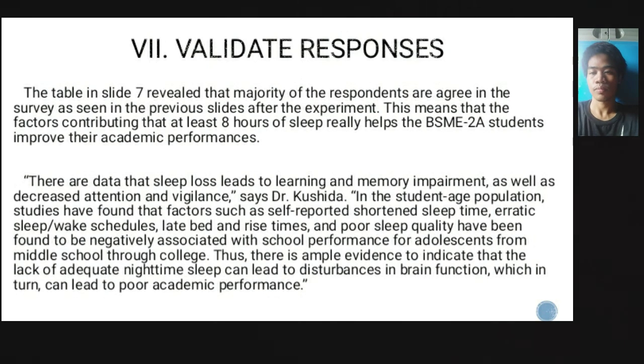Okay. Next slide. For number 7, validate responses. The table in slide 7 revealed that the majority of the responses are agree in the survey, as seen in the previous slides.